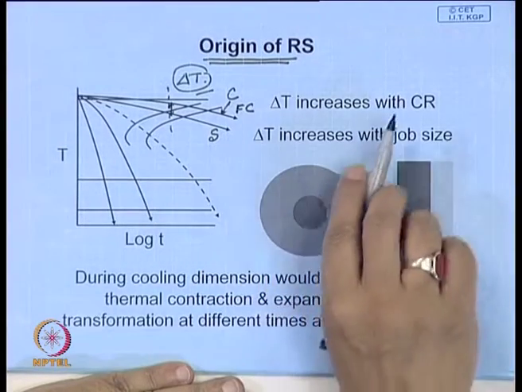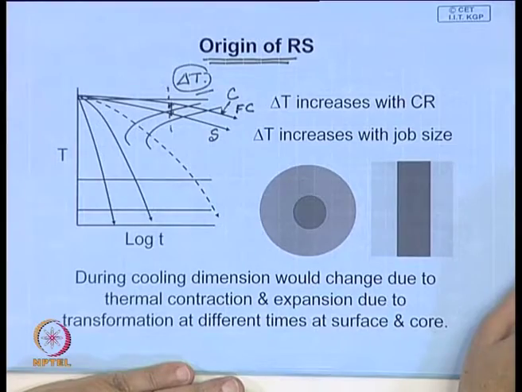So, therefore, when it cools, two things happen. One, there will be thermal contraction, and when the transformation takes place from austenite to the decomposition product, whether it is ferrite plus cementite or martensite, the material will try to expand, and the two are in opposite directions.